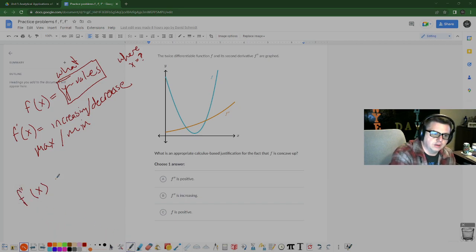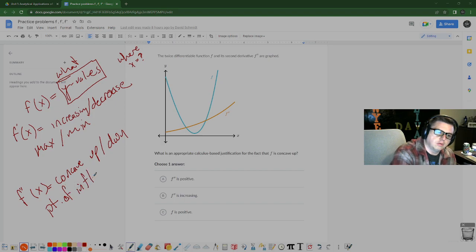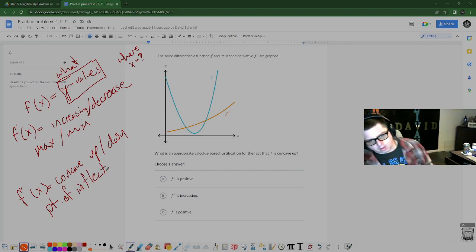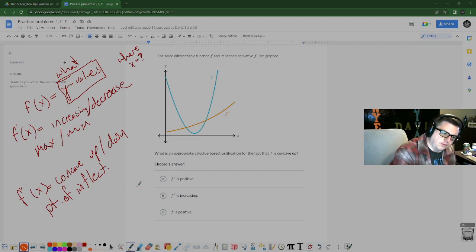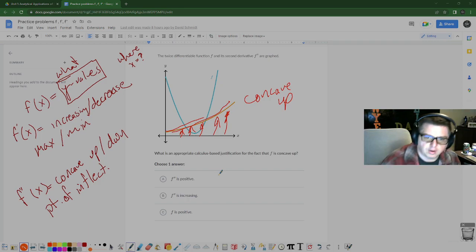So this second derivative talks about concave up and down. And then these are potential points of inflection. So the fact that this graph is all above the x-axis means that it is concave up. When we talk about concave up and concave down, what we're talking about is a bowl.